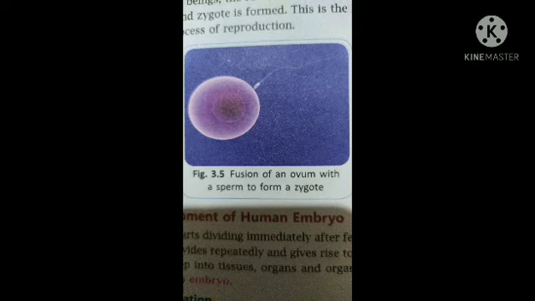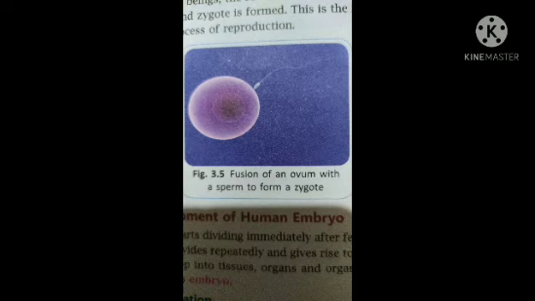Then my dear students, if we consider another part of the chapter, that is fertilization, already discussed in the previous video, fertilization is the union of sperm and ovum. So fusion of sperm and ovum is known as fertilization. And here you can see in the picture the large egg getting fertilized with the motile sperm.